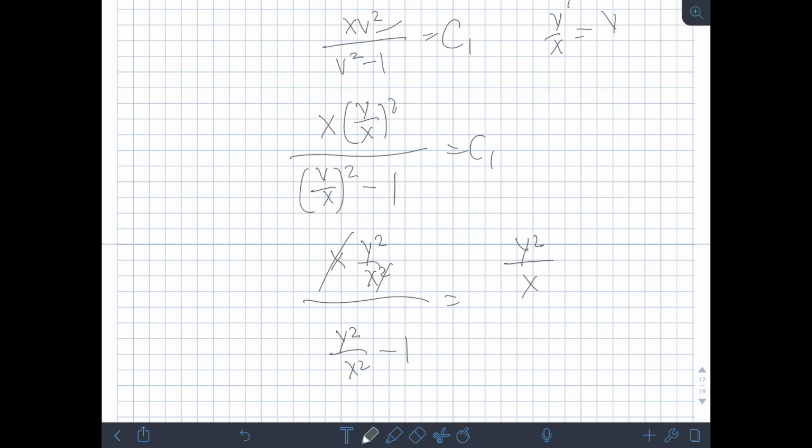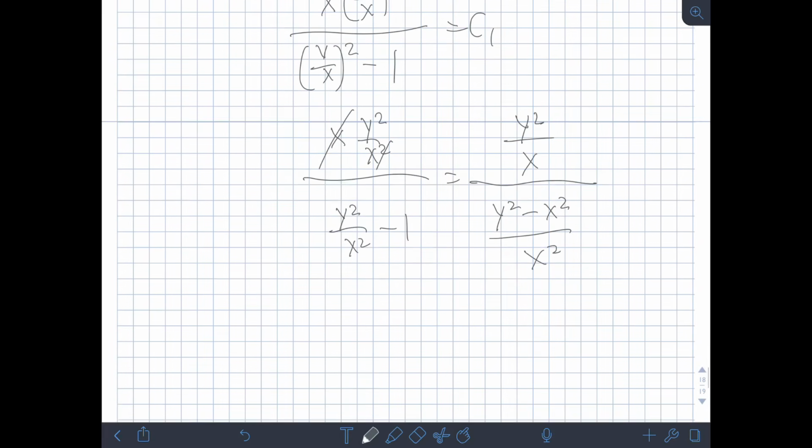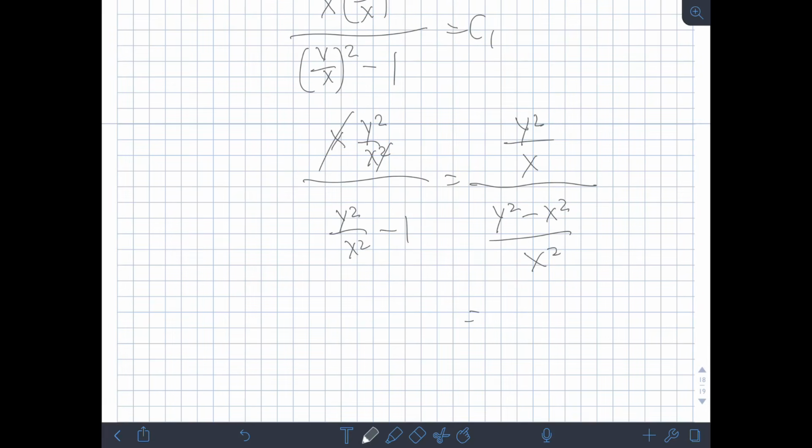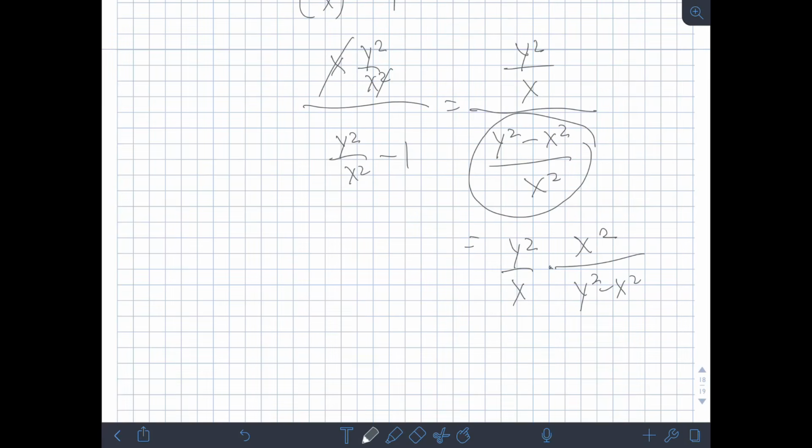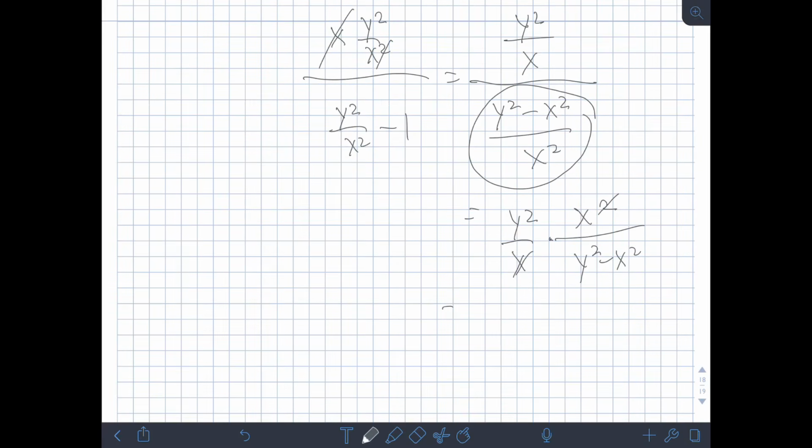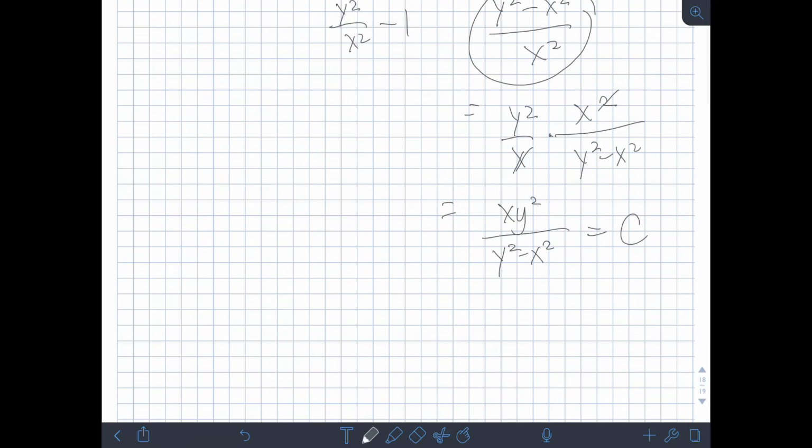So, y squared over x over, ito pagsamahin natin a single fraction, y squared minus x squared over x squared. So, magiging y squared over x times reciprocal netong denominator, x squared over y squared minus x squared. So, cancel itong isang x uli, magiging x y squared over y squared minus x squared equals c. Okay? So, ito na yung general solution natin.